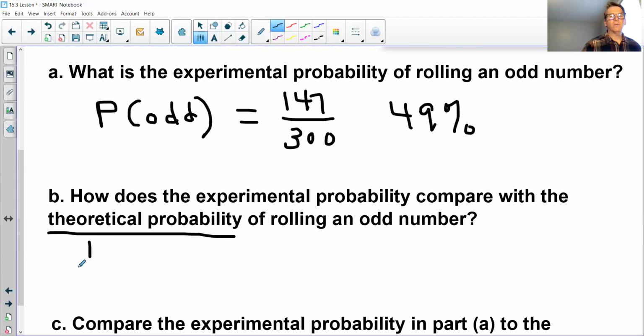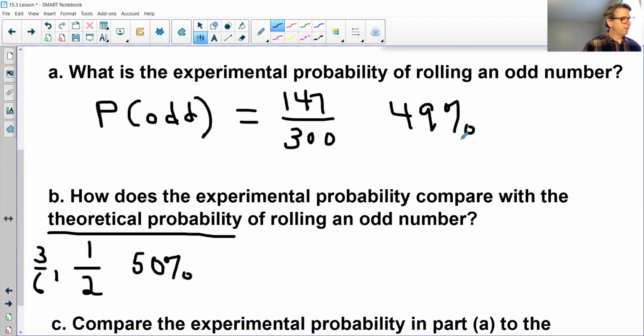So your theoretical probability would be 1/2, or 3/6, or 50% theoretically. So you can see there that the experimental was very close.